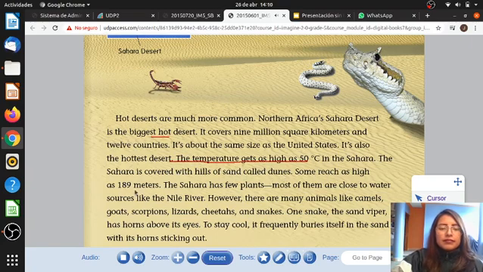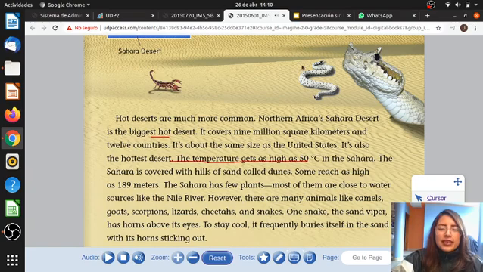Some reach as high as 189 meters. The Sahara has few plants. Most of them are close to water sources like the Nile River. However, there are many animals like camels, goats, scorpions, lizards, cheetahs, and snakes. One snake, the sand viper, has horns above its eyes. To stay cool, it frequently buries itself in the sand with its horns sticking out.